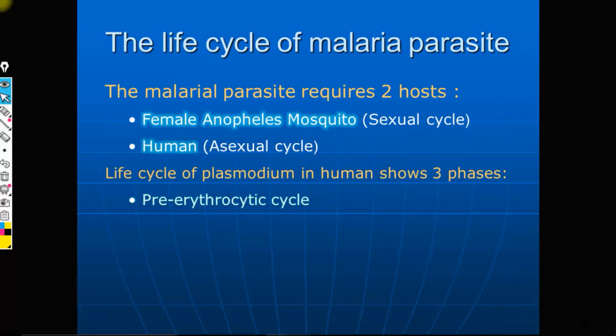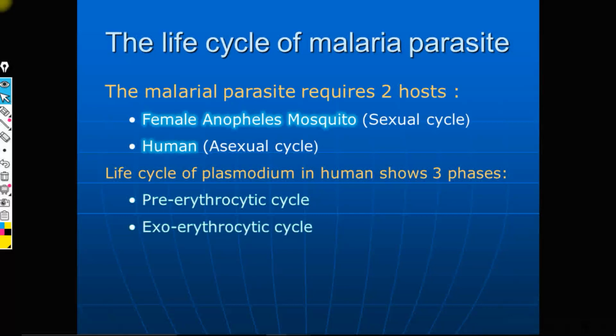Within 30 minutes all the sporozoites disappear from the blood and move to the liver. Up till this point, the phase is referred to as the pre-erythrocytic cycle.